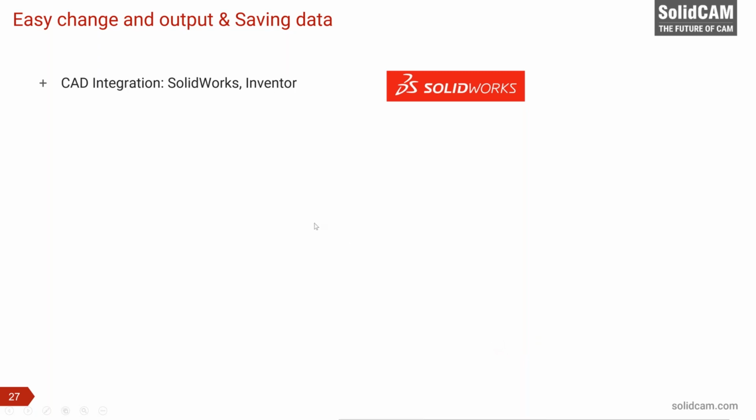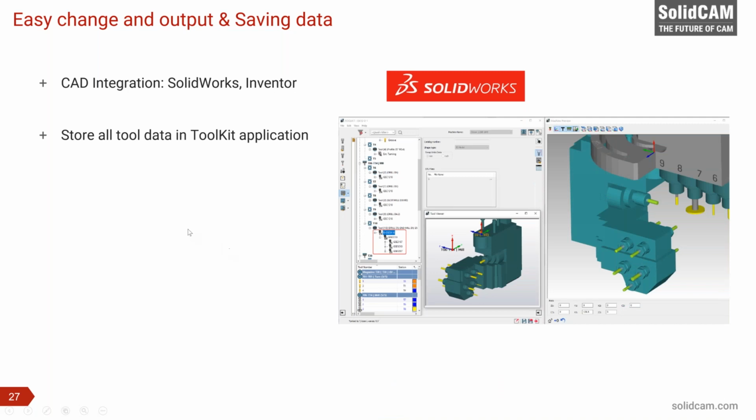It is very useful. Also, for sure, we can store information about tools separately. I didn't say it also, but we can open Toolkit separately from SolidCAM, okay? So you may not open SolidCAM, but you can open Toolkit, and you can take all information from this application. You can even add the cost of the tools and the name of the supplier, for example, and you have everything inside.